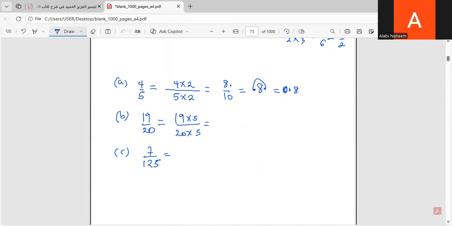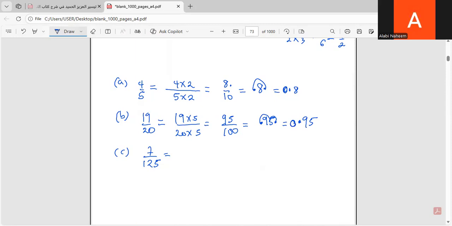This is 95 and this is 100. 95 has a decimal point at the end, right? All whole numbers have a decimal point after the last number. 100 has 2 zeros, so move the decimal point to the left twice. 1, 2. The decimal point is now here. This is 0.95.